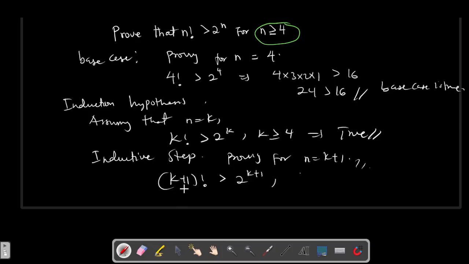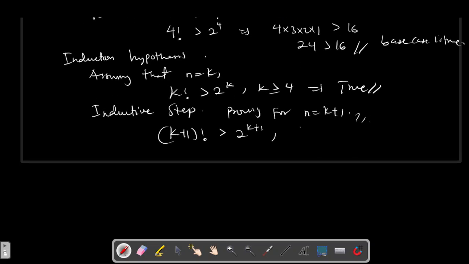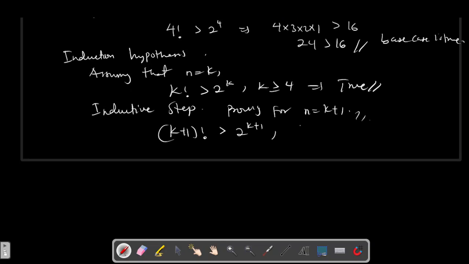We have to simplify this and show that on my left hand side, k plus 1 factorial is going to be greater than 2 to the power k plus 1. And we're going to use the assumption to prove this. In our assumption, k factorial is greater than 2 to the power k, and we have accepted that it's true. How then do I prove that this is true?